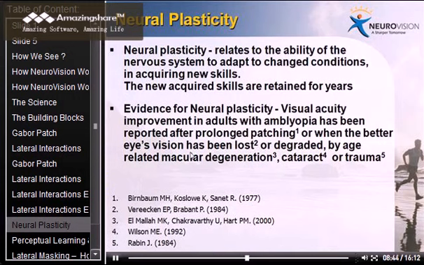Now we look into the concept of neural plasticity, which relates to the ability of the neural system in the brain to adapt to changing conditions, which is in acquiring new skills.